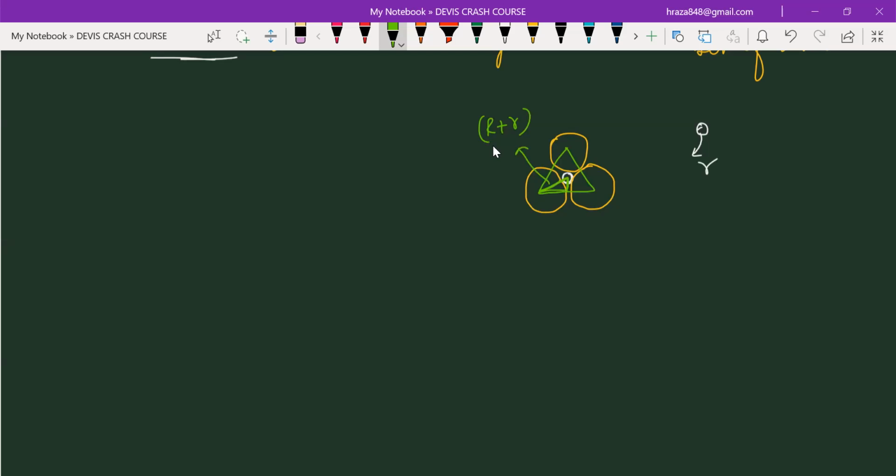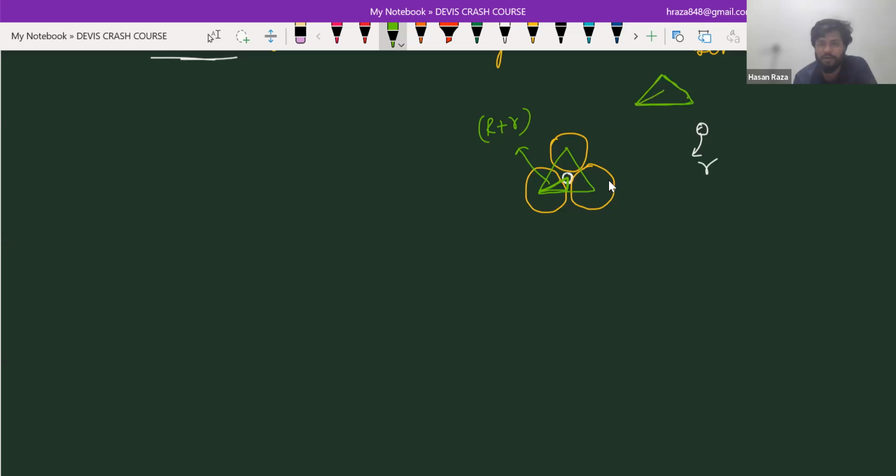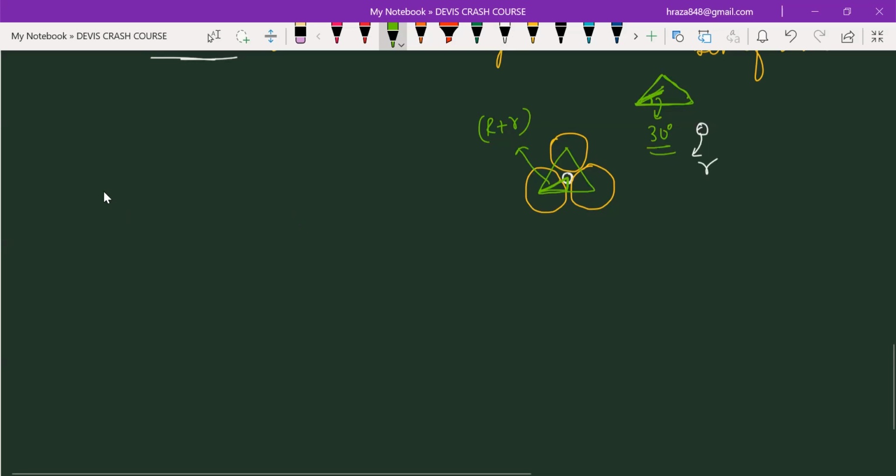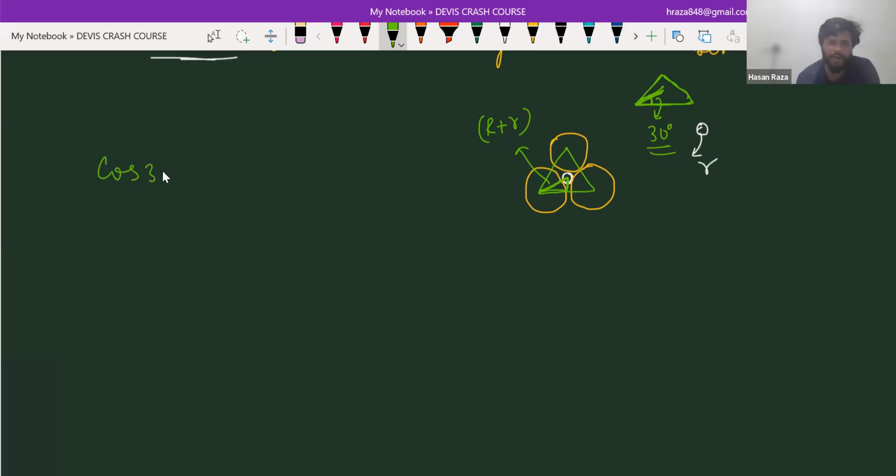Since this is an equilateral triangle, I just draw a line so that this line will be bisecting this angle, and it will be 30 degrees. So I'm going to apply cos 30 degrees. As you know, cos 30 degrees is base upon hypotenuse.